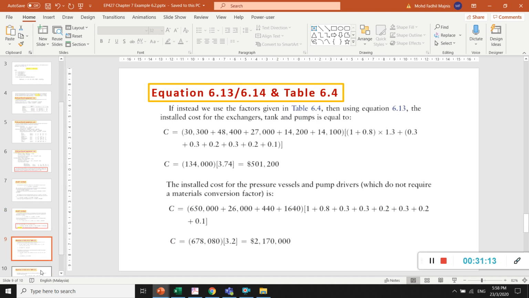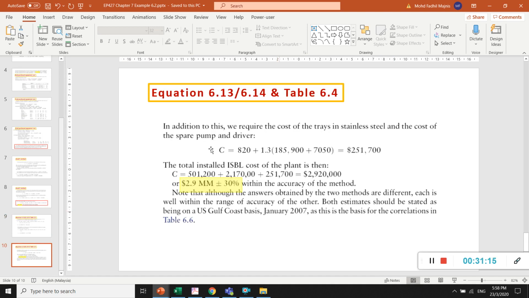So we go to the next slide. In addition to this, we require the cost of the tray and the cost of the spare pump and driver, so this one is an add-on. We do not need any material factor conversions, because the tray is already stainless steel and the pump needs none.